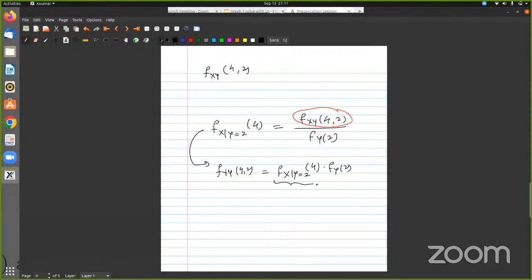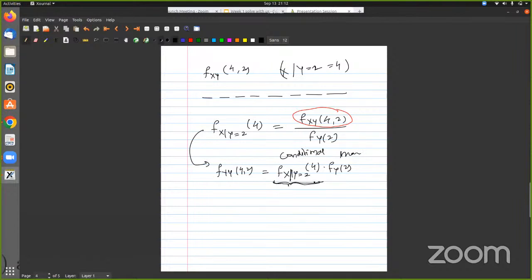What does this mean? Fx given y equals 2 of 4 means given that y equals 2, what is the probability that x equals 4? That means joint probability is equal to marginal into conditional. This is conditional, and this is marginal.